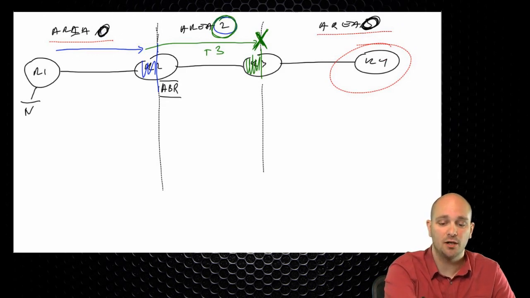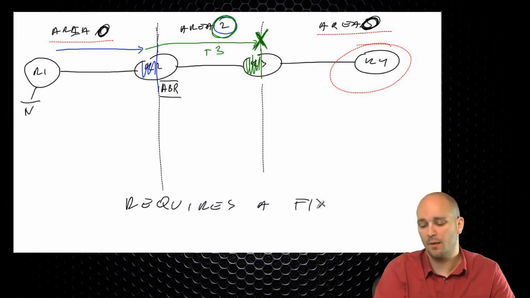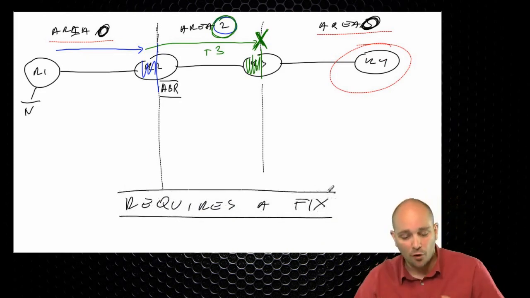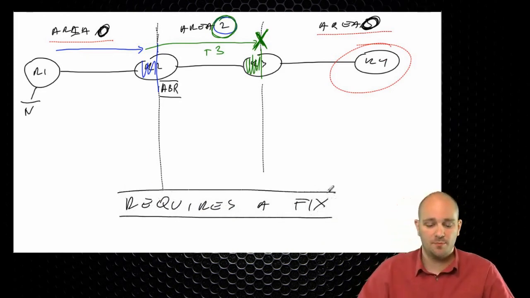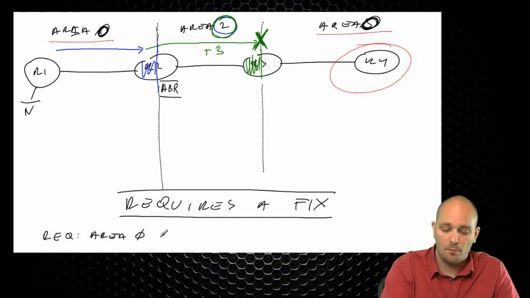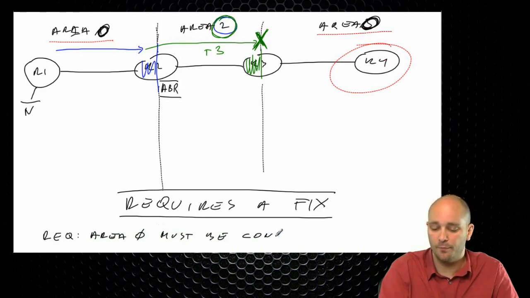So this here requires a fix. Now, the fix, of course, stems from another requirement in OSPF, and the requirement that we are failing to meet here is that area 0 must be a contiguous area.